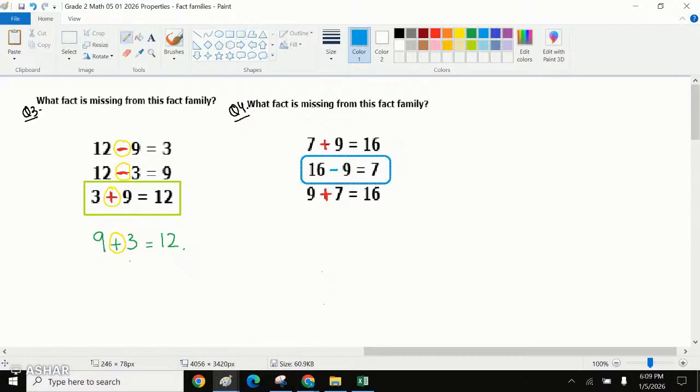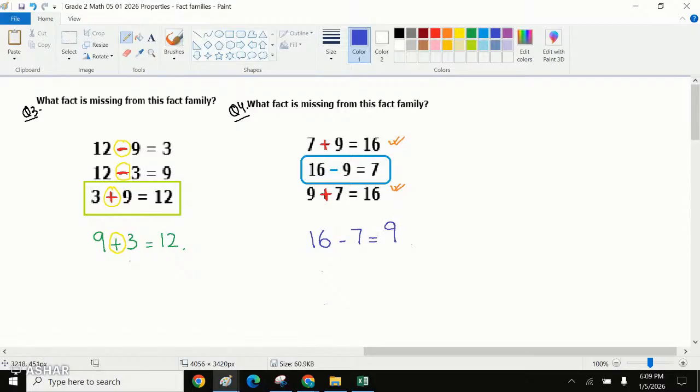Because we already have two positives, we cannot have a third statement for the positive. So two positives are already there, and we do not consider the positive. We look at the negative statements. So the negative statement was 16 minus 9 was 7. Then 16 minus 7 should be equal to 9.